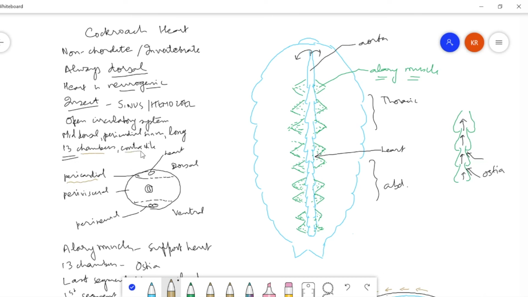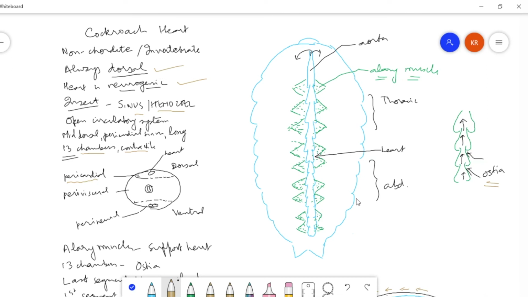It is contractile in nature, and the spaces are called as ostia. And remember that in the insect there is a space called hemocoel. And also remember that in cockroach and in most of the invertebrates, the heart is neurogenic and it is always dorsal in position.